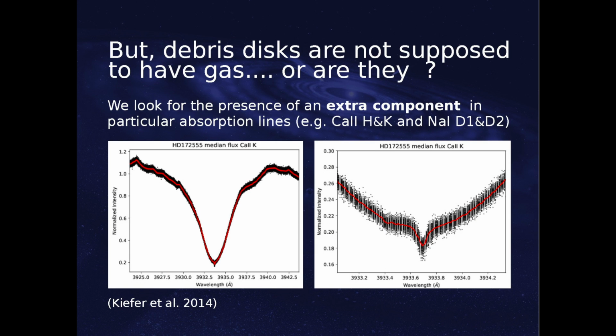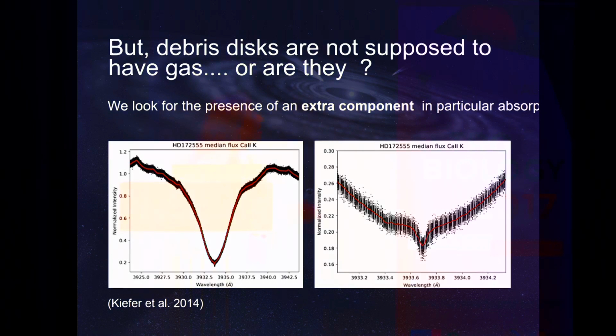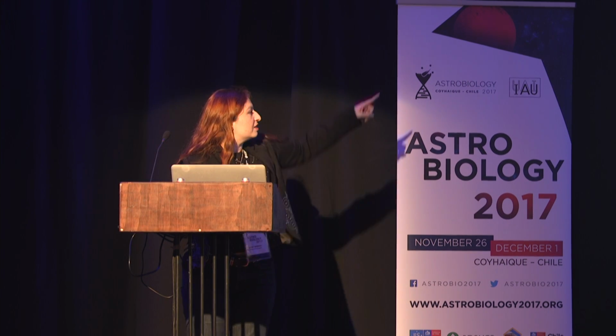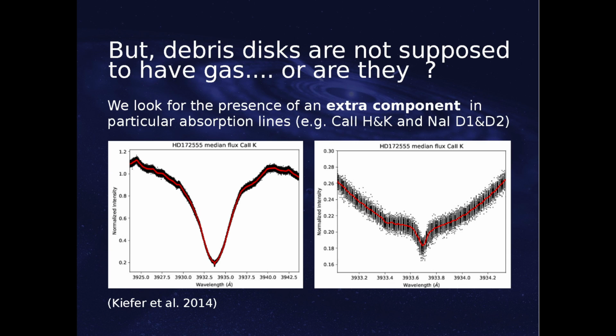So in my study, I'm using optical high-resolution spectroscopy, which is really good for tracing small amounts of gas, particularly the absorption lines of ionized calcium and sodium. And at the left, you can see this absorption is the absorption produced in the photosphere of the star. This is the stellar absorption of calcium.